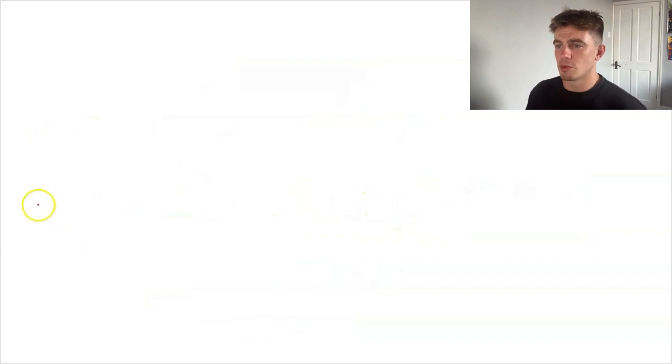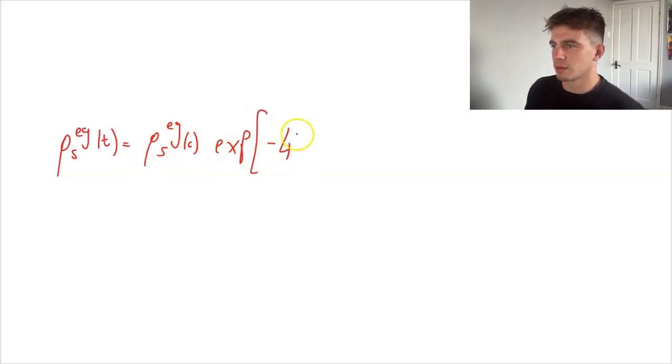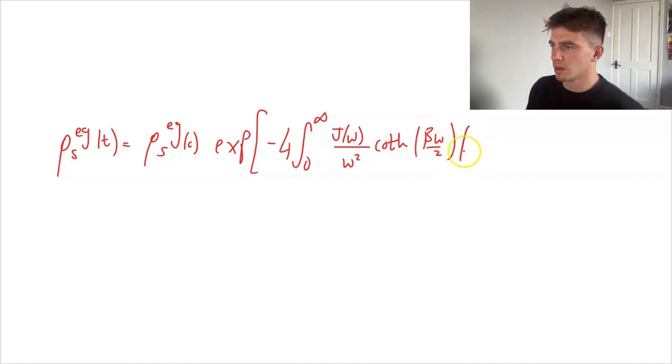And essentially what we find is that these off-diagonal elements of the reduced system density matrix look like this. So we have an exponential of an integral of the bath spectral density function multiplied by some temperature dependent term with some oscillations too.